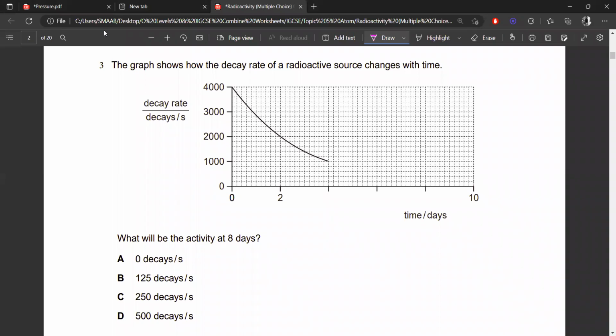Question number 3. Now we have a graphical representation, but the concept is again the same: we have to find the half-life activity after 8 days.